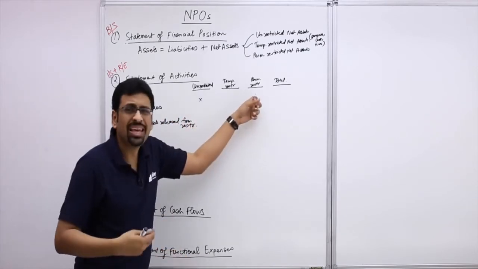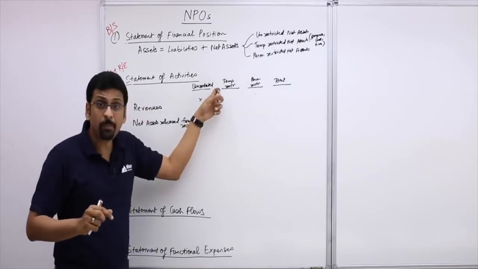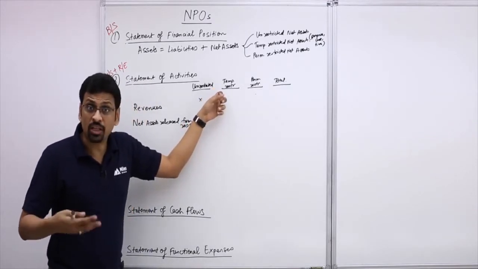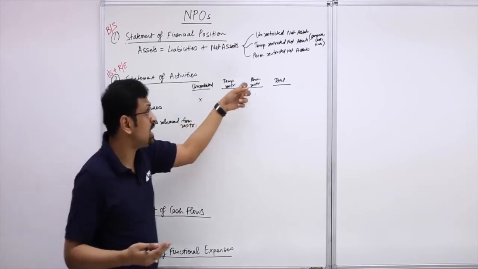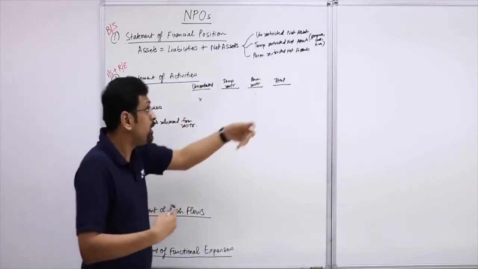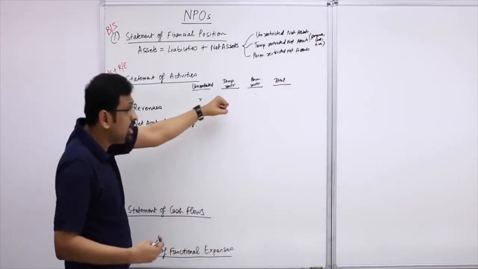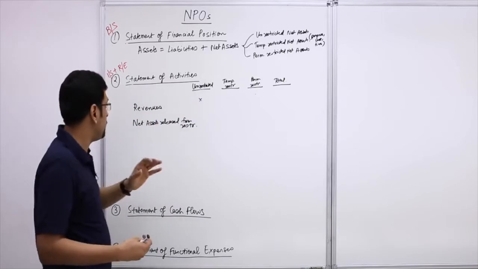Permanently restricted, will they ever get released from restrictions? No. But temporarily restricted, they would get released from restrictions. Their restriction is as to the purpose, use, or time. So after a certain point in time, or when the purpose is fulfilled, use is fulfilled, then they're going to get released from restrictions. We'll talk about that.